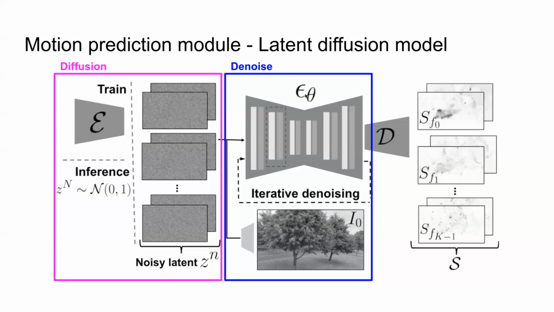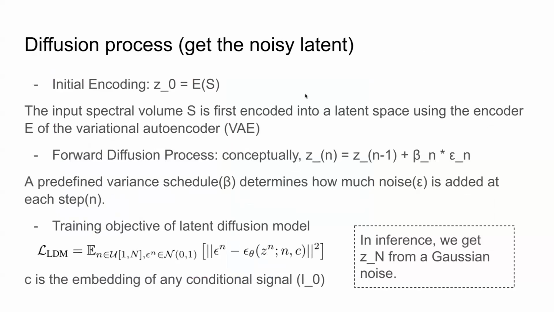In training, the noise itself is our target. So we generate the noise and then predict the noise so that we can learn how to denoise. In inference, it's totally different. If we create our target, then it's not inference. In inference, we just sample a Gaussian noise.